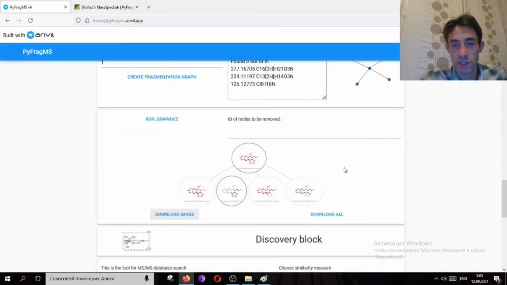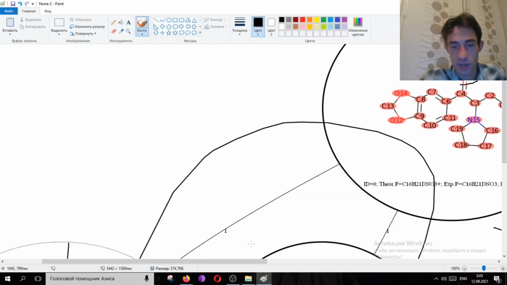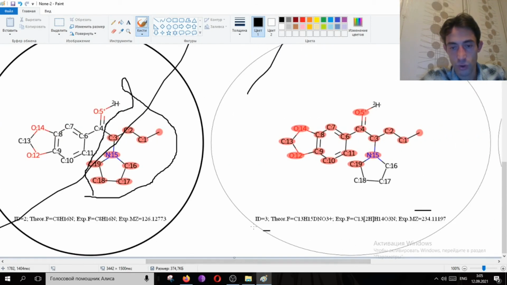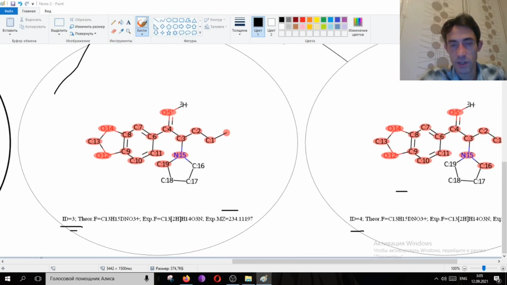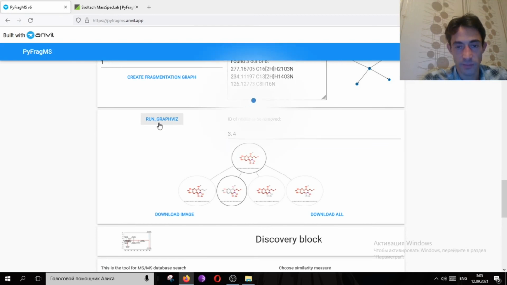In PyFragMS, it's possible to remove some nodes which are not desirable. You can see the ID of the node here, 3 and 4, and they could be removed because they are unlikely.